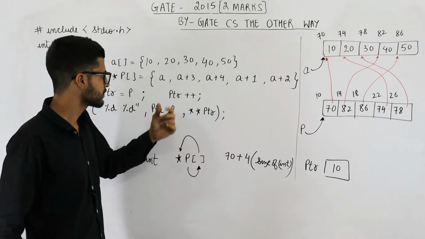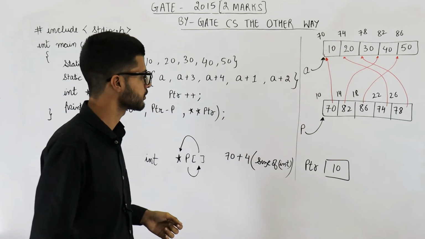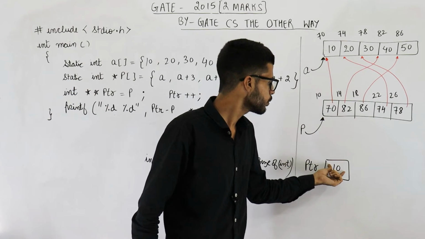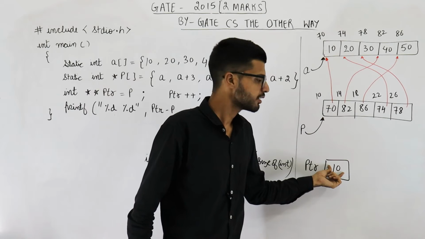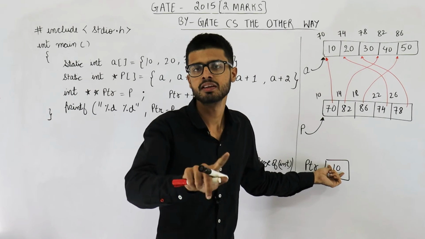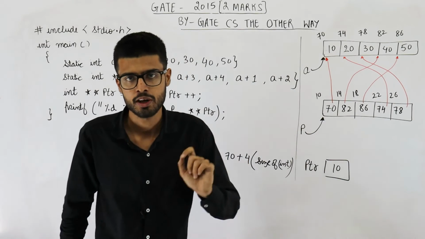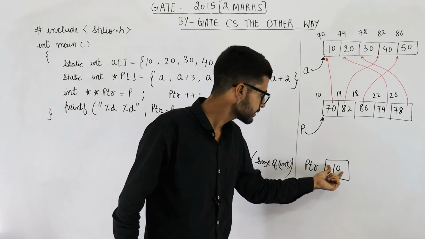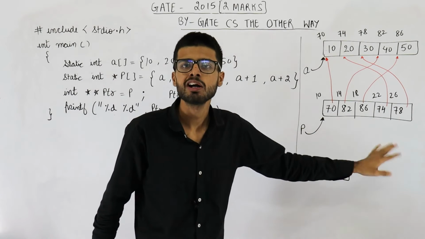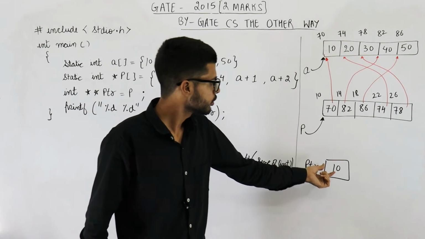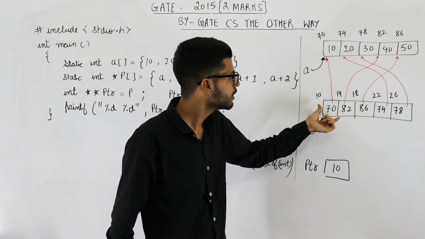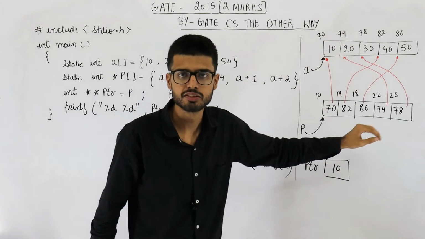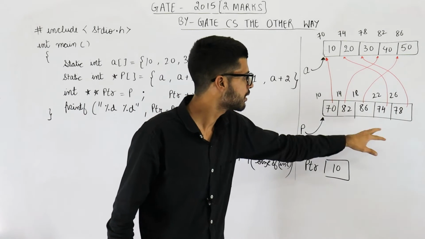Now let's move on to the next line, which says ptr plus plus. Now you want to increment it. Just don't say that 10 will be incremented to 11. No, follow pointer arithmetic. Incrementing this location means make it point to the next element. It already points to a pointer, so make it point to the next pointer, that means the next element of this array.